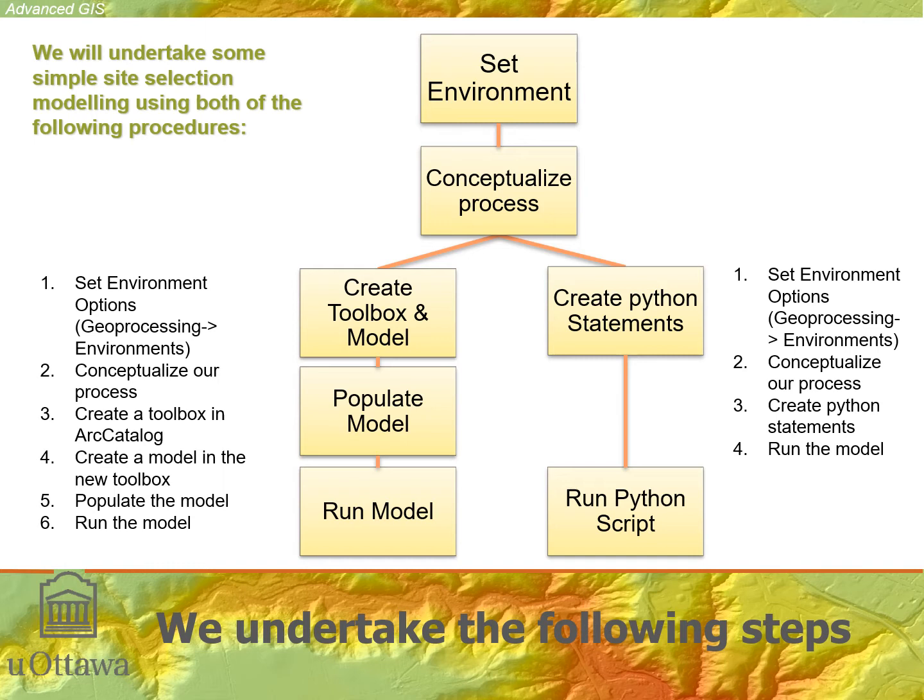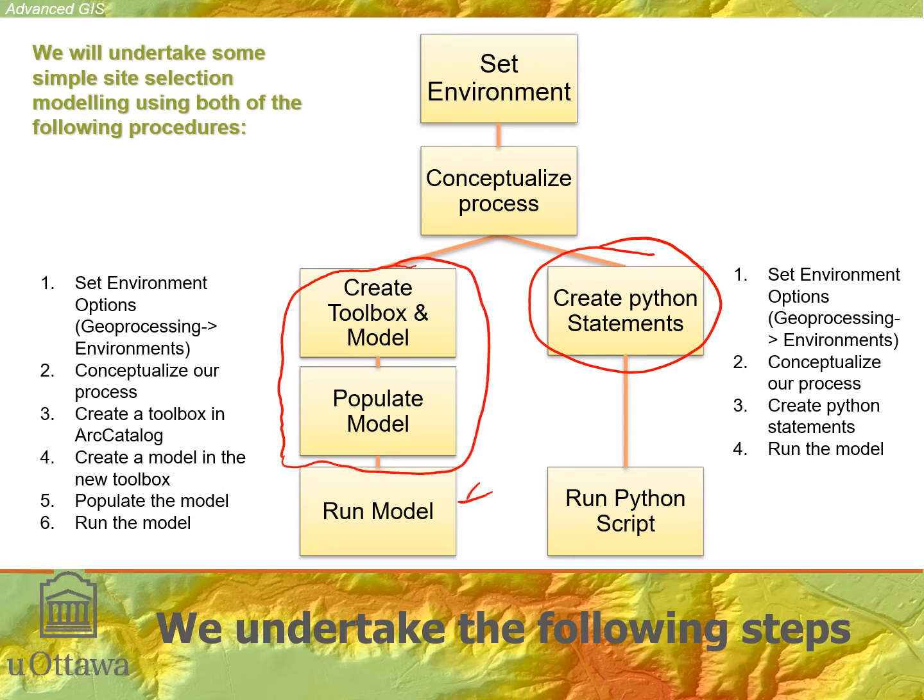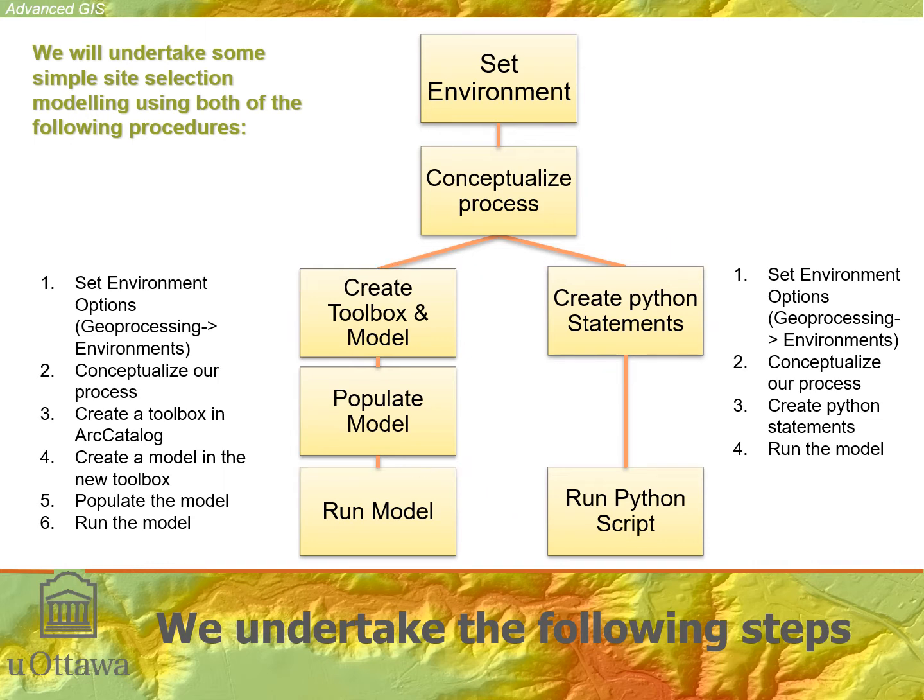Then we conceptualize our process, and that can be done through creating Python statements or creating a tool, a toolbox, a model, and then eventually running the model or running a Python script. So notice the first step here is environments, setting the environments.